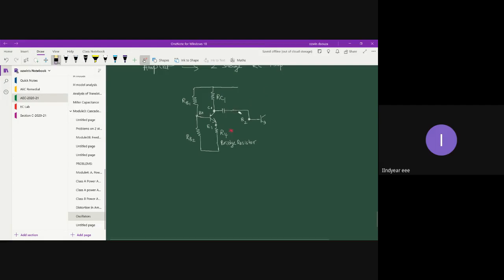I will correct this shape a little. And here you will have RB3, and here you will have RB4. These two are connected together.